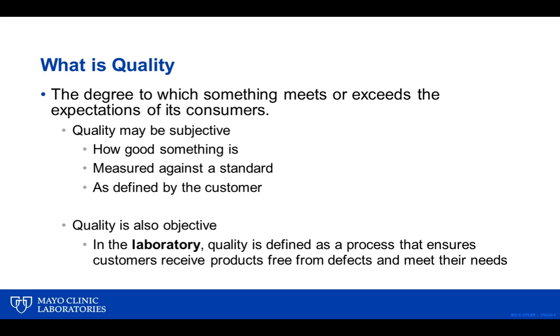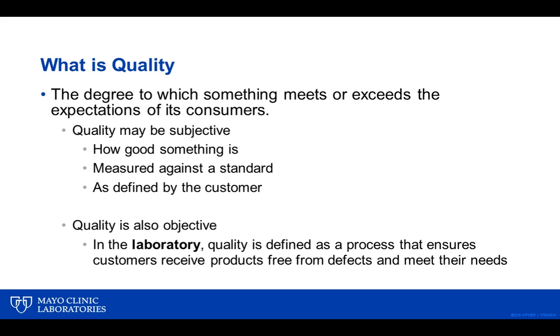If you look at the industry, of which the laboratory is one, we tend to define quality as a process. This process ensures that customers receive products free from defects that meet their needs. Now with this second definition, we're trying to quantify and measure the quality we're talking about.